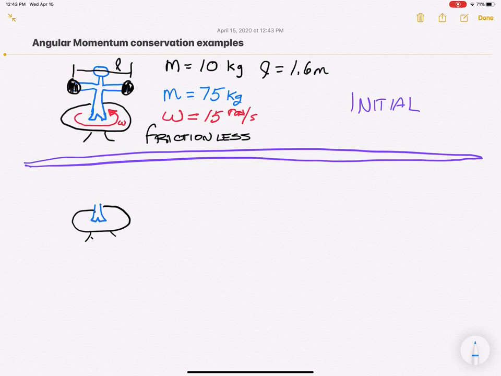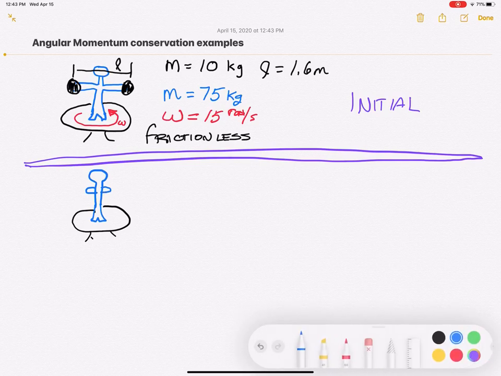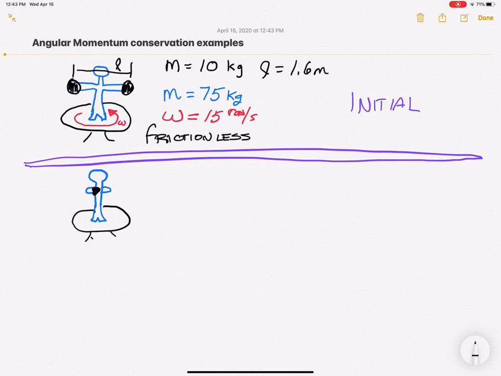I don't know. But our person is going to bring their arms together so that the masses are on center with the body.